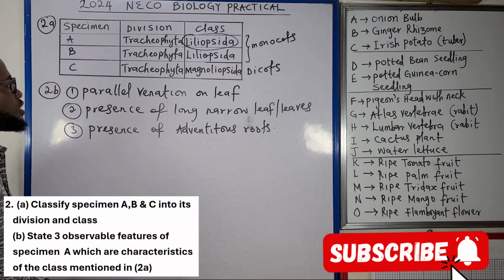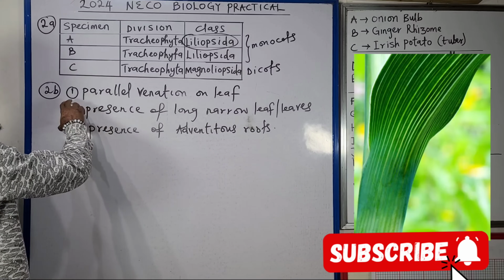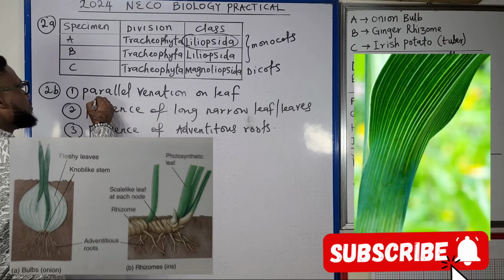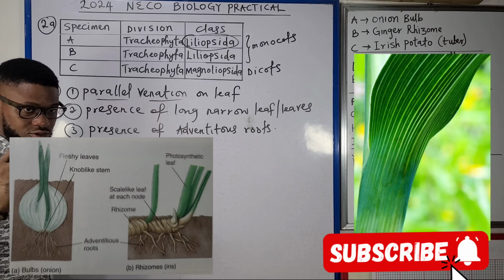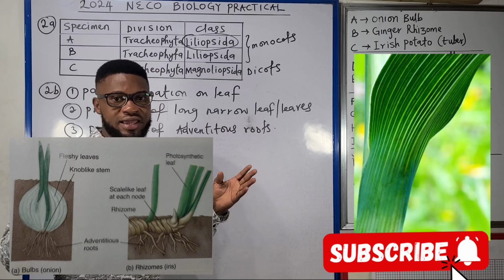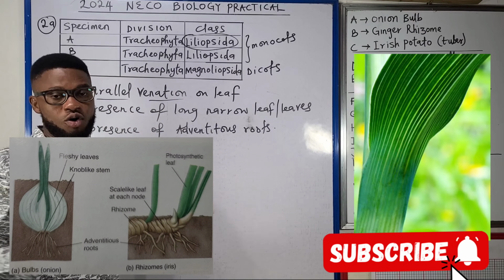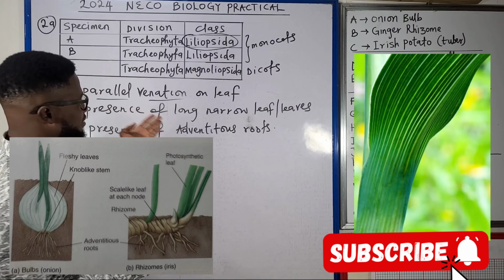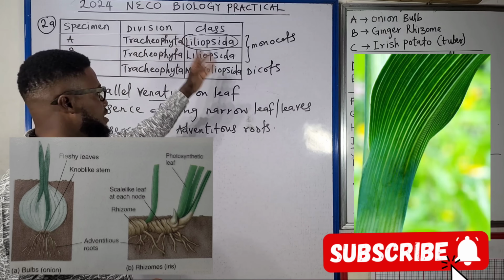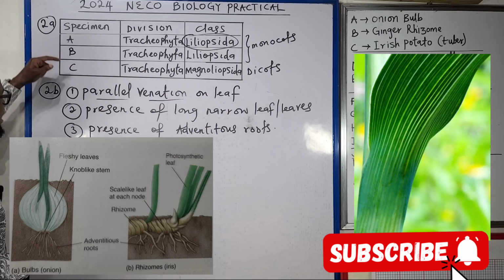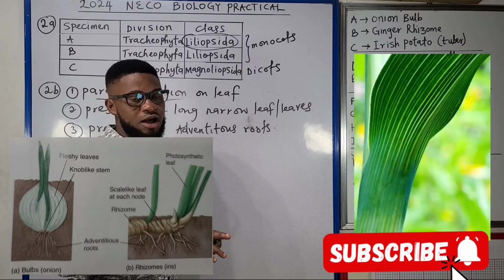As you can see on the board, on the leaf there is what we call parallel venation. You can see the diagram, the veins on the leaf. So it is parallel for Liliopsida. That's exactly what you should notice about A.